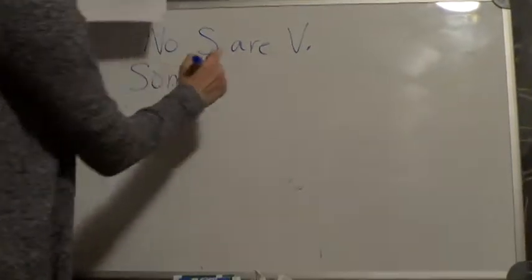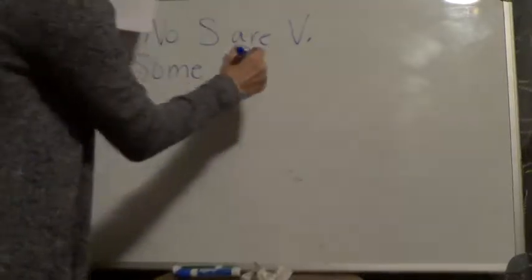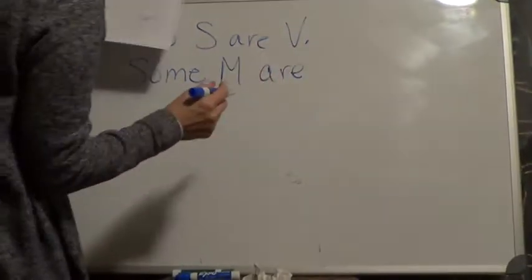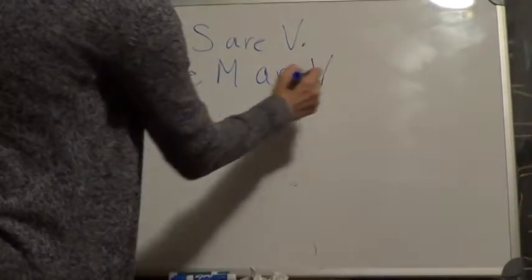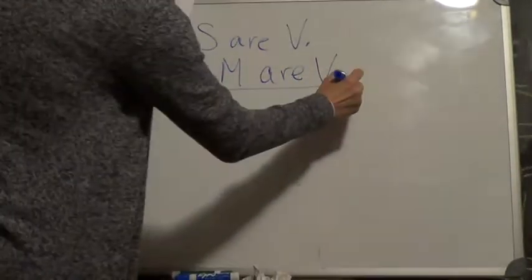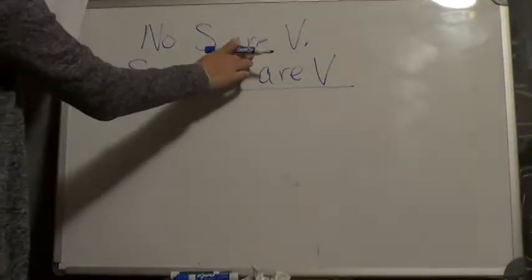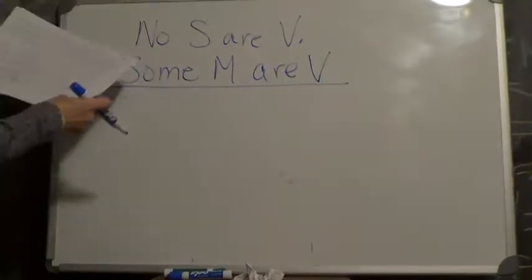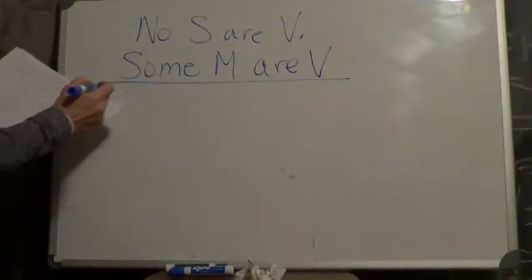So remember, you always want to keep the form for the standard proposition. So you want your no are, some are, and then the last one was an O statement.